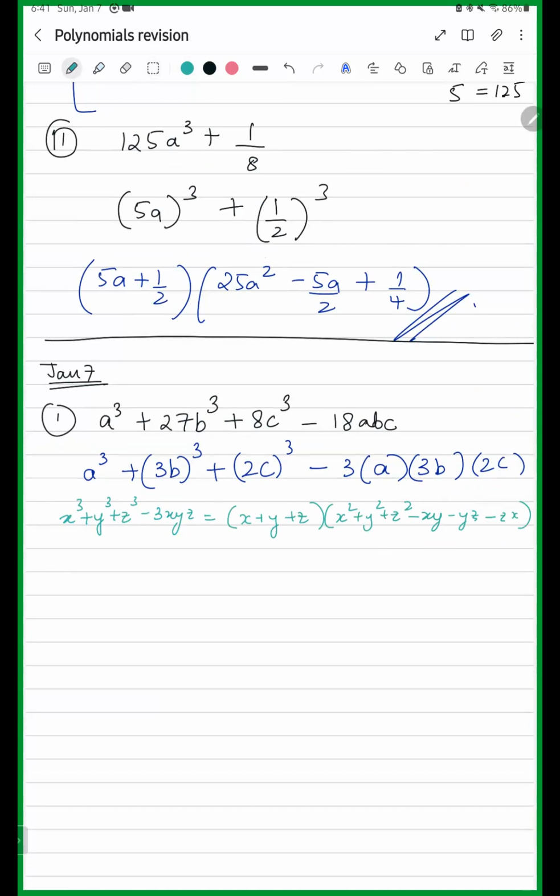So this we'll write somewhere in a bracket, so that we just know which formula we have used here. Then we will continue with our answer.